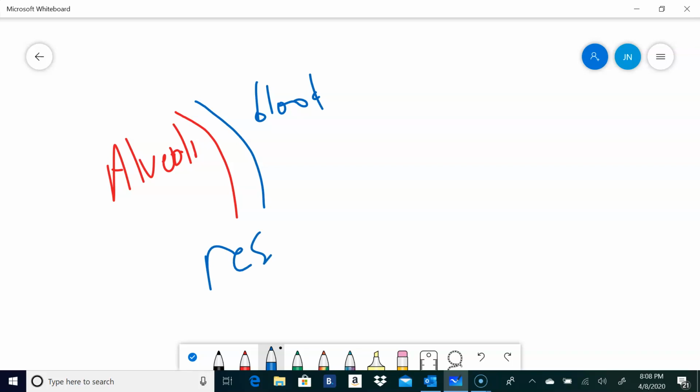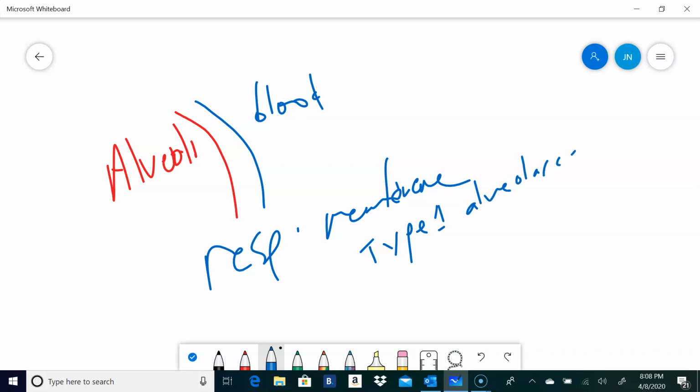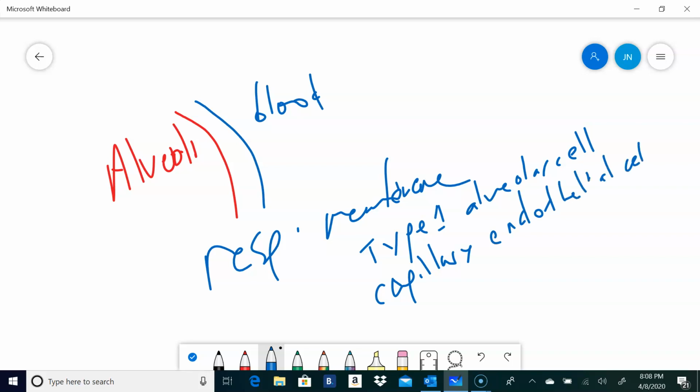This is the respiratory membrane. Respiratory membrane, three things. Type 1 alveolar cell, capillary endothelium, endothelial cell, and diffused basement membrane.